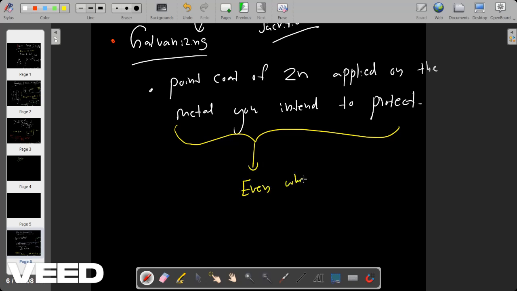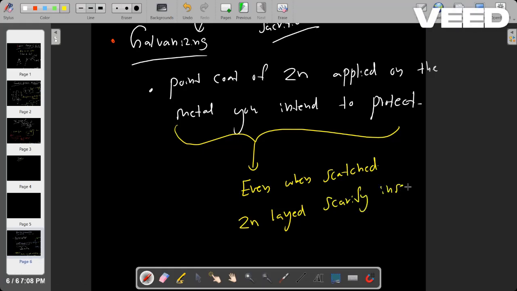Even when scratched, the zinc layer sacrifices itself, protecting the metal inside. Right?